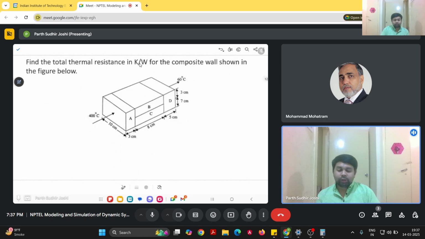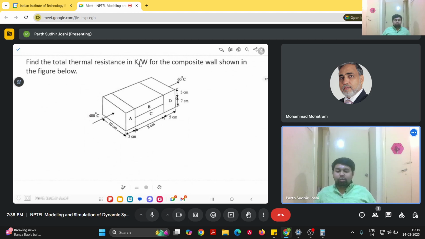So then the next question is based on the same thing, but now we consider it in terms of thermal resistance. So let us say we have a wall which is made up of different composite materials, as we have in any general wall. We have the bricks and concrete layers, like cement and brick layers.